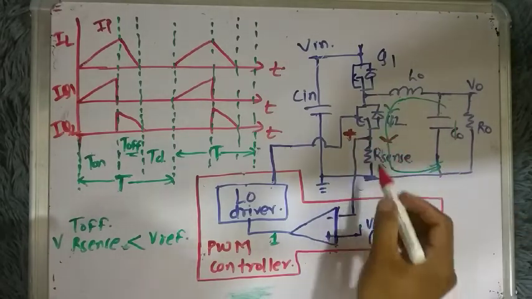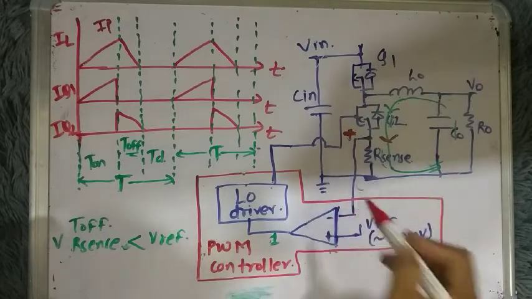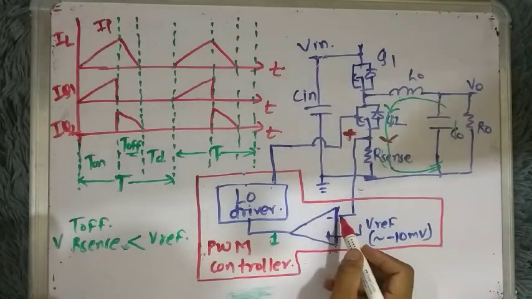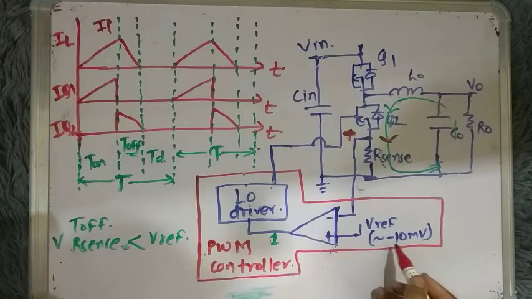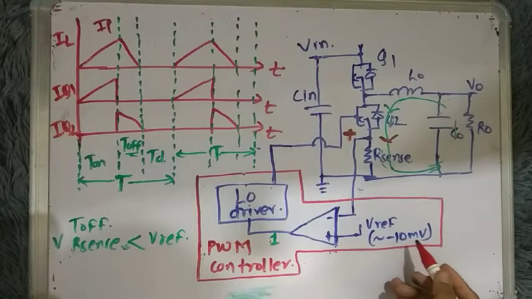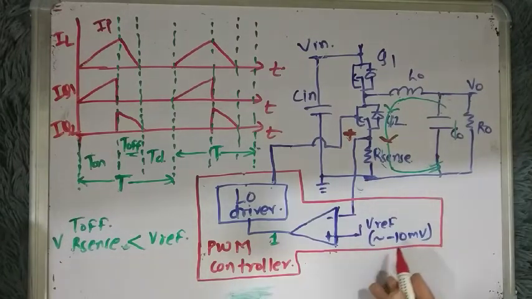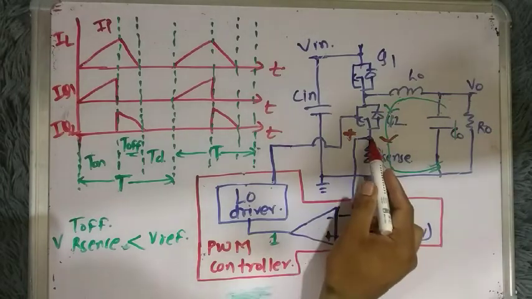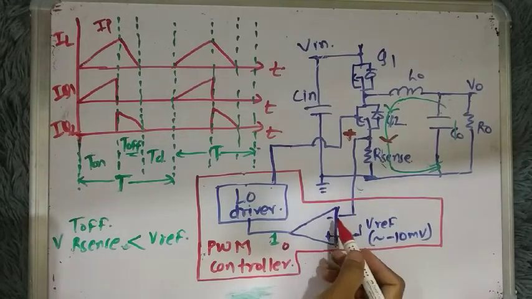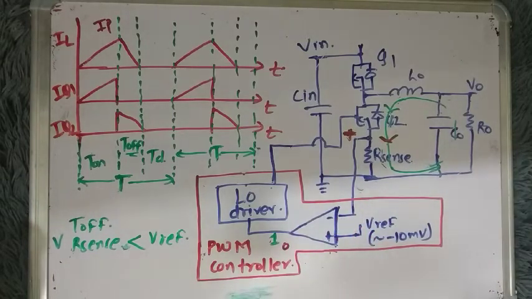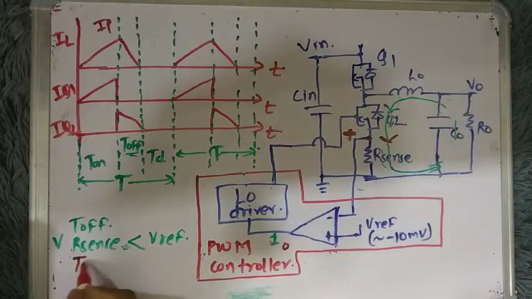As soon as this terminal starts going positive, since it is connected to the inverting input of the comparator, and the Vref which is given to the non-inverting terminal is roughly a less negative value, the comparator output is 0, because its inverting terminal has higher potential compared to the non-inverting terminal. So for time duration TD, VRSense is greater than Vref.